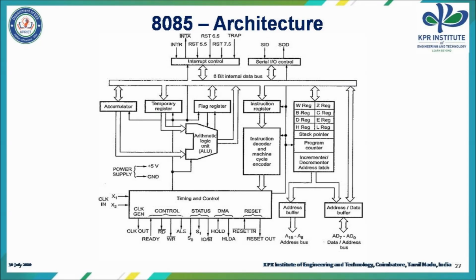So in this diagram we can see accumulator, then arithmetic logic unit and a temporary register, a flag register and an instruction register, an instruction decoder and a machine cycle decoder, then interrupt control unit, serial IO control unit and an array of registers which includes WZ, BC, DE and HL registers along with stack pointer, program counter and increment decrement address latch, and there is one timing and control unit which has all the control signals and address bar data buffers. Let us see about these blocks one by one in detail.